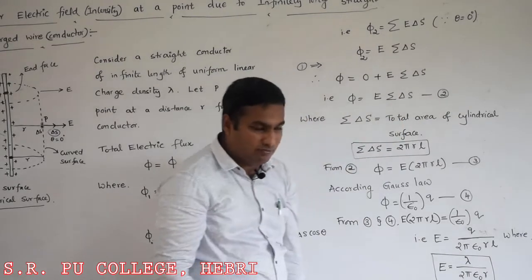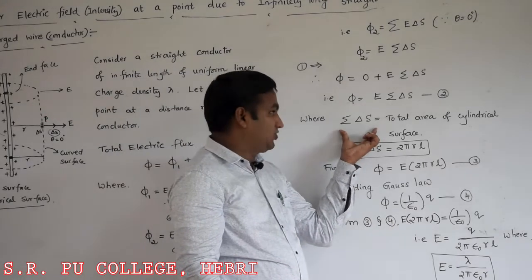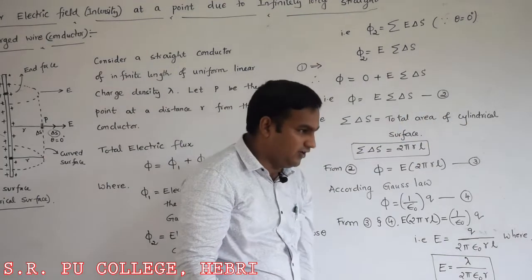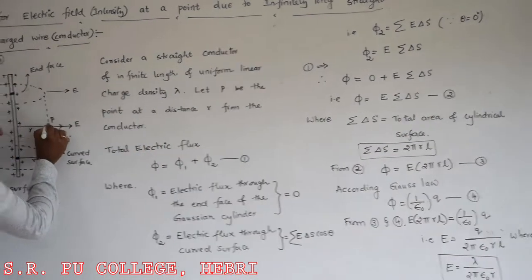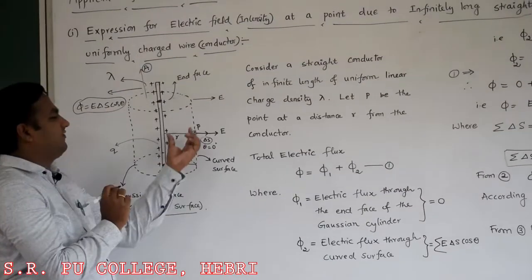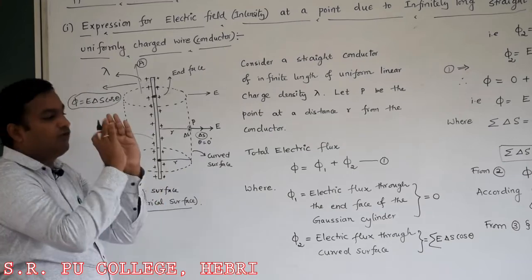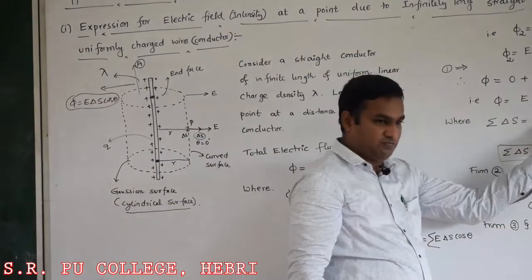We call this equation number 2, where summation delta S is nothing but the total area of the cylindrical surface. If I consider each delta S as a small surface area, all the delta S joined together for the curved surface give the total area of the cylindrical surface.